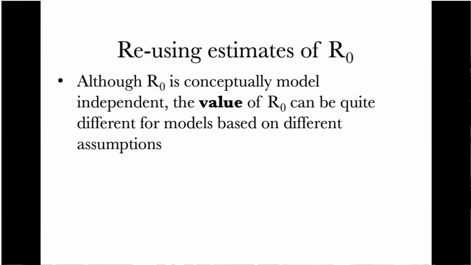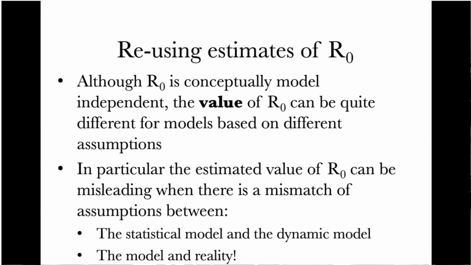R naught is really an expectation, which is the number of people that you expect an infected individual to contribute in a secondary manner in a completely susceptible population. So it should not depend on a model. But because we're estimating it from models, when we estimate R naught, they can be different according to the model we use, but essentially it's supposed to be model independent.